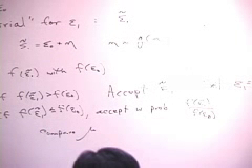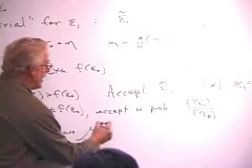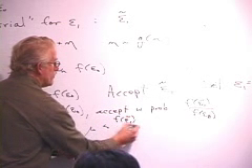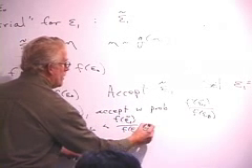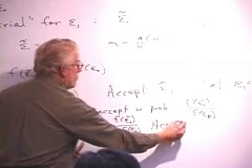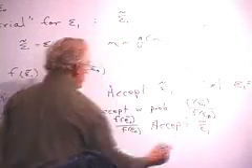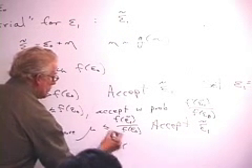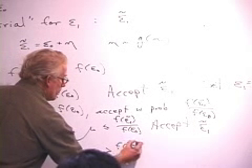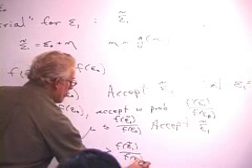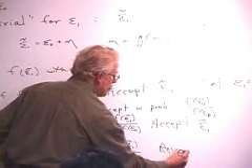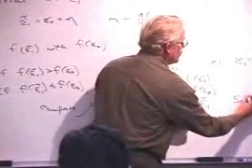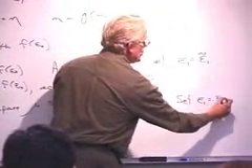We can interpret that as a probability between 0 and 1. If it's less than the ratio of the densities, then accept. If it's more than the ratio of densities, then reject. Okay? If we accept, we set our new value equal to this trial.